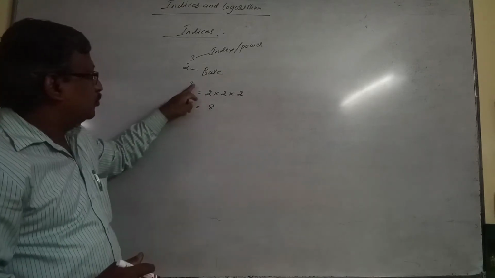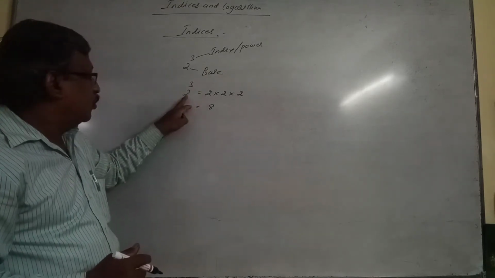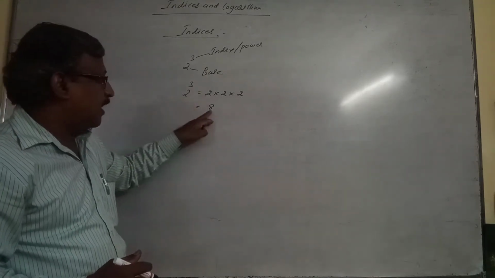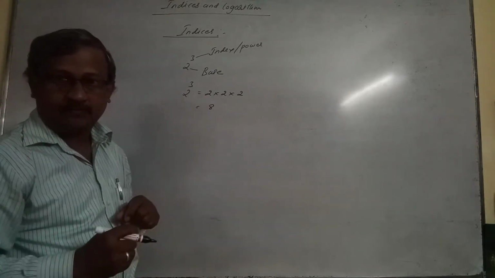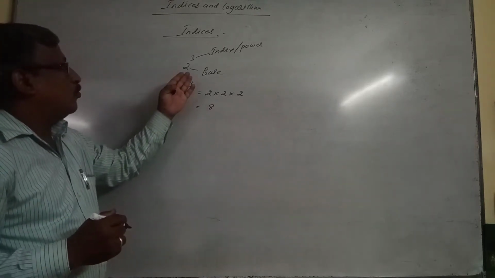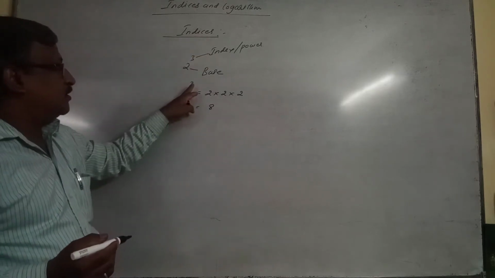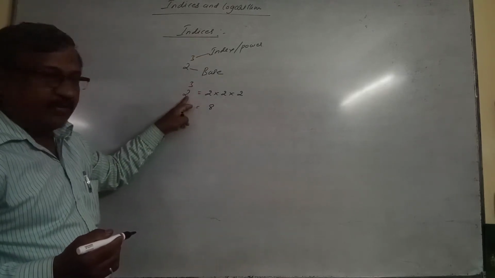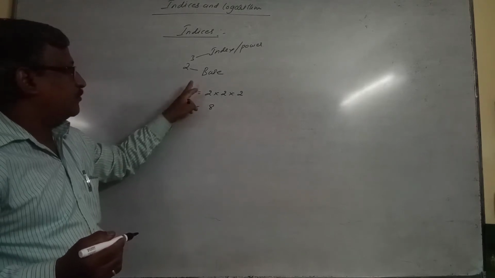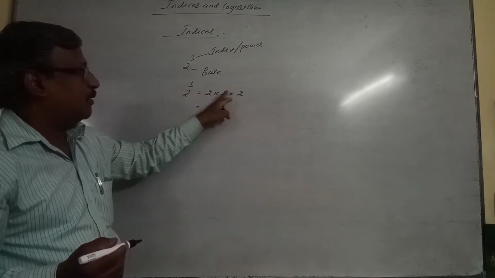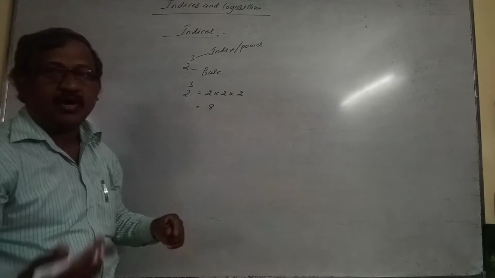Product, right? So 3 is called as the index, 2 is called as the base, and 8 is called as the product, right? So what do you mean by indices? Indices means the index of any given number is the number of times the given number is multiplied by itself, gives as the product, is known as indices.